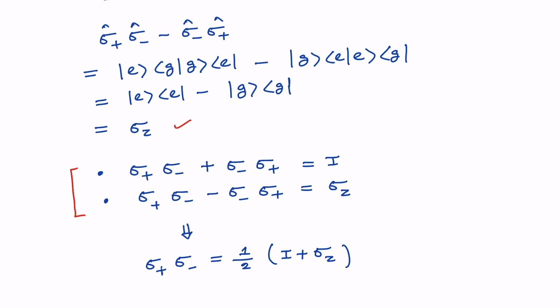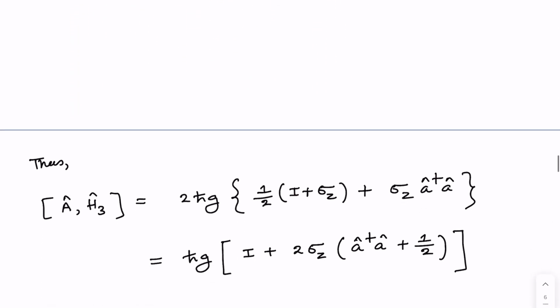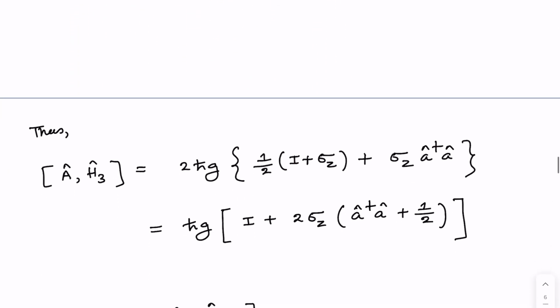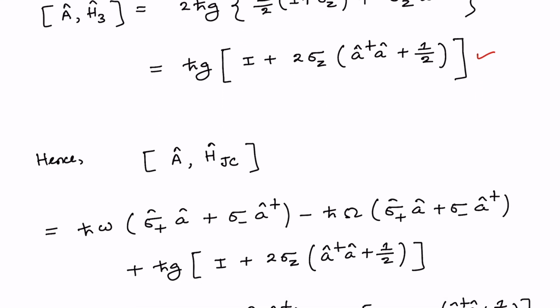You just have to add these two, then you are going to get 1/2 of I plus sigma z. Now using this, you can have the commutation between A and H3, the third term of the Jaynes-Cummings Hamiltonian. You are going to get this particular expression. Very nicely everything comes up here, and that means you have now found out all the three commutation relations.